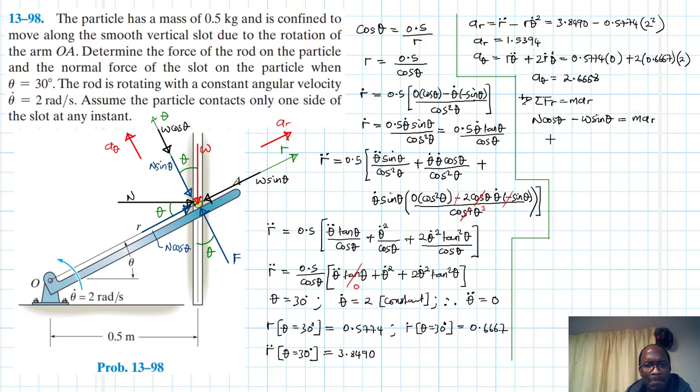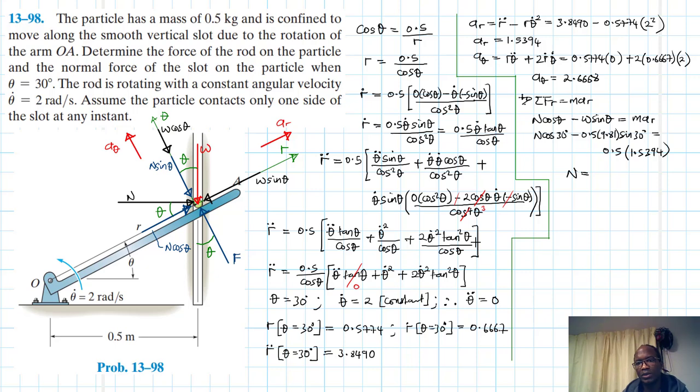Okay, N cos theta, and our theta is 30 degrees, minus 0.5 by 9.81 sine 30 equal to 0.5 by AR, which is 1.5394.